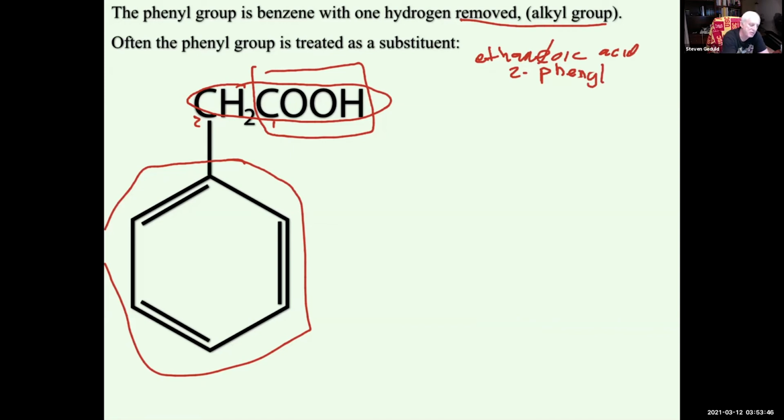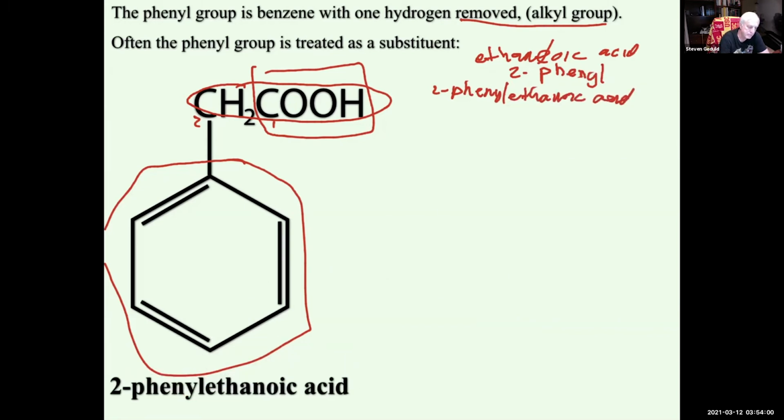So the name for this would be 2-phenyl ethanoic acid. Okay, I'm going to get rid of that because it's going to get in the way of the next one. Okay, is that making sense now? If the COOH is attached directly to the benzene ring, then it's benzoic acid.